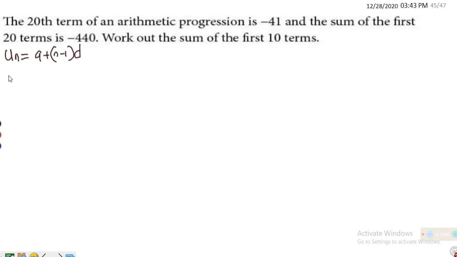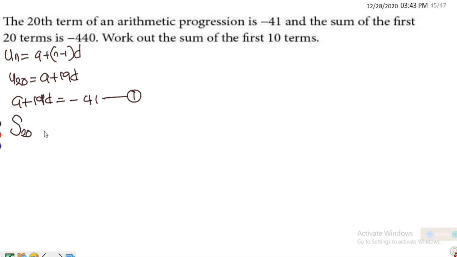Okay, the 20th term, so we have u20 equals a plus 19d, and that a plus 19d equals minus 41. Call this equation 1. And the sum of the first 20 terms is minus 440. Let's write the formula Sn equals n over 2 bracket 2a plus (n minus 1) d.